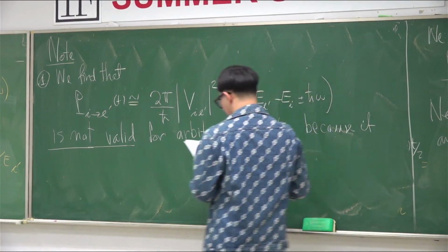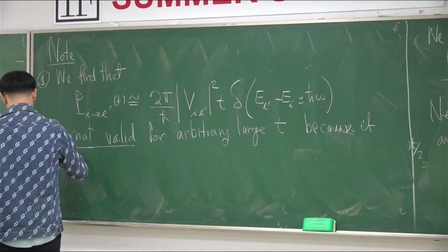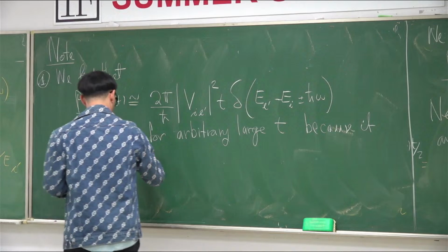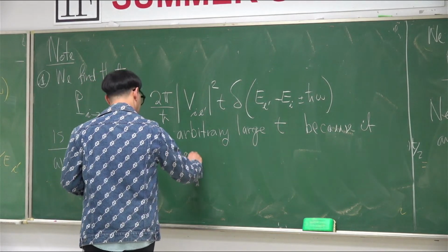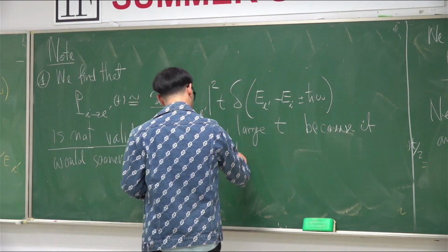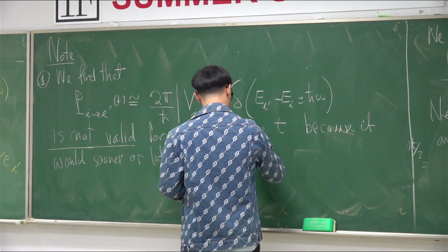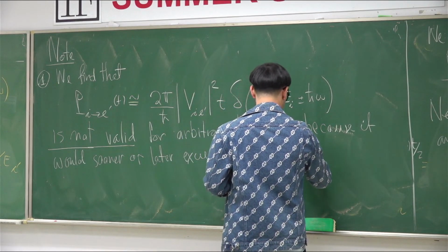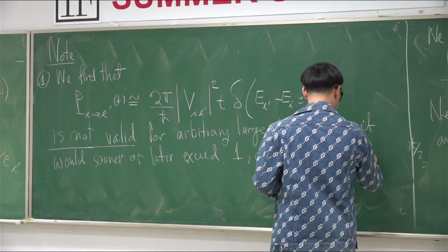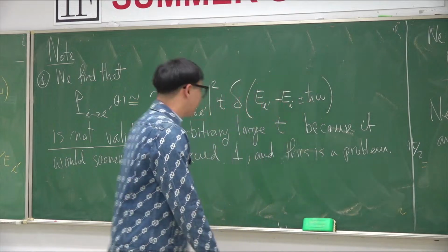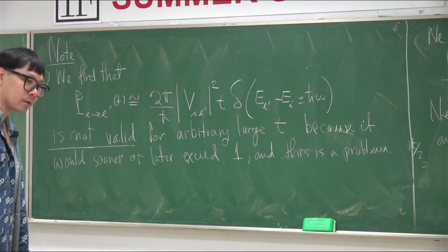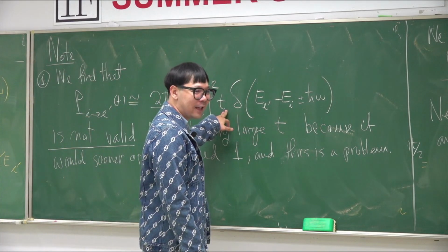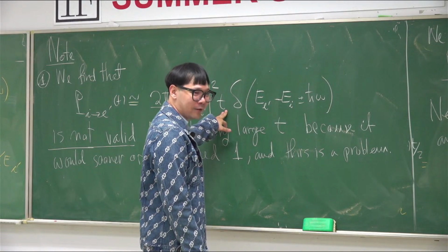Because it would sooner or later exceed 1, and this is a problem. You know that the probability cannot be greater than 1, right? But if you allow your t to be arbitrarily large, then yeah, of course, it can be greater than 1, right? Yeah.